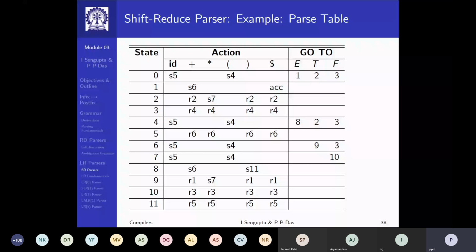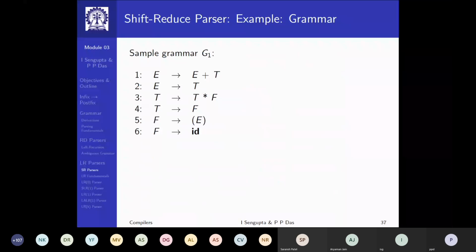This whole class of shift-reduce parsers is driven by this kind of table. So let me explain what the codings in the table mean. First of all, note that all production rules here are written with a number. The numbering is arbitrary, but every production rule has a specific number.